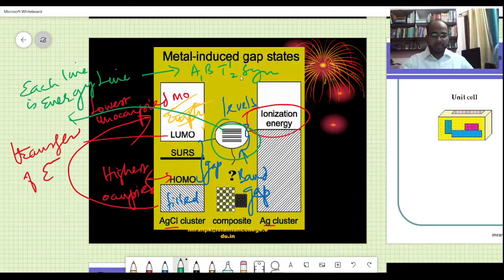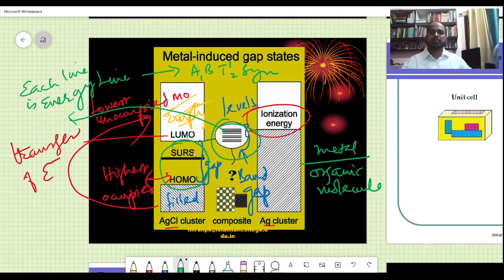Okay, this is possible for a metal atom, as well as for an organic molecule. In both the cases, if you bring all of them together, you will have some gap, and this gap decides the conducting property of that particular metal.